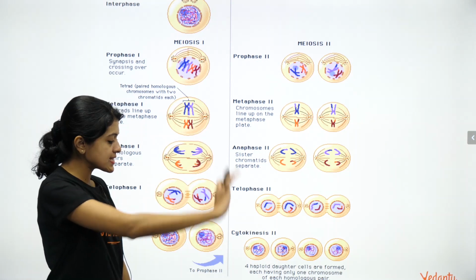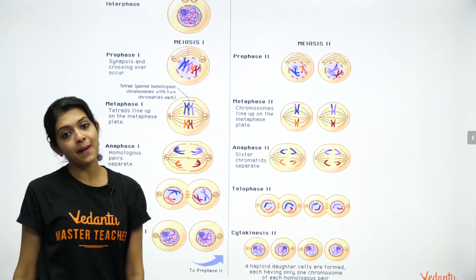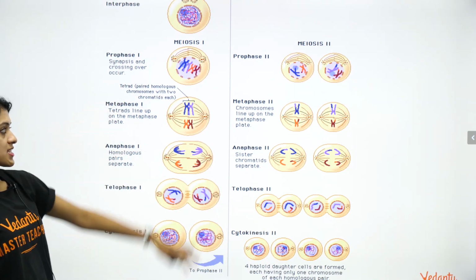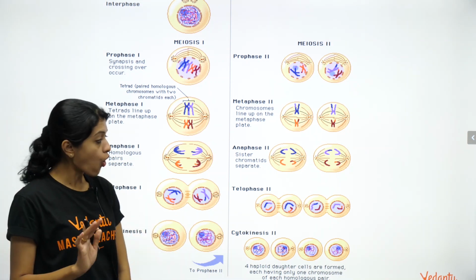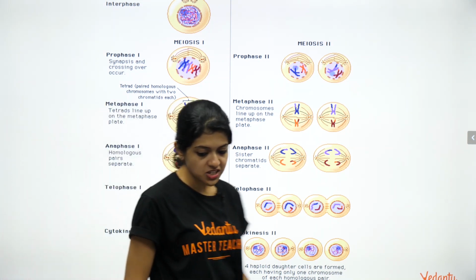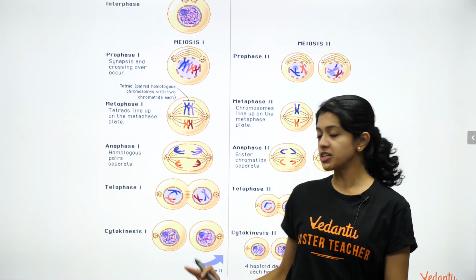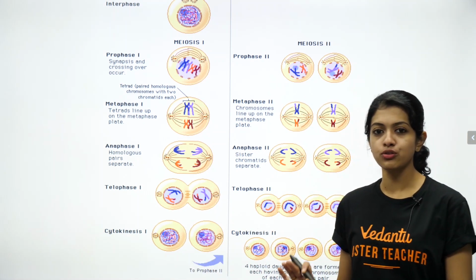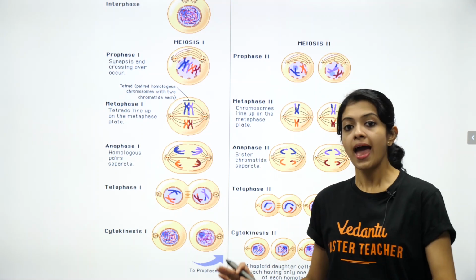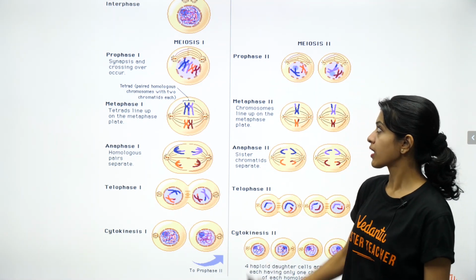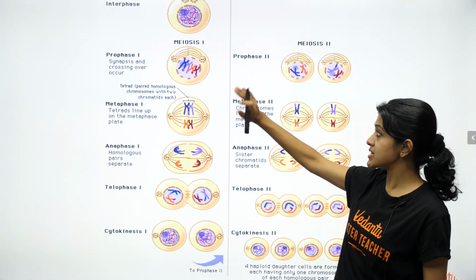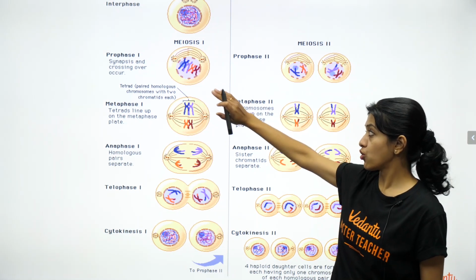So this is just a summary of how meiosis happens, all the stages. In the previous slide, I just had all the names. Here I have all the stages for you. You can take a few seconds, a couple of minutes if you want, and have a look at this. Interphase, and then after interphase, it enters into prophase 1.